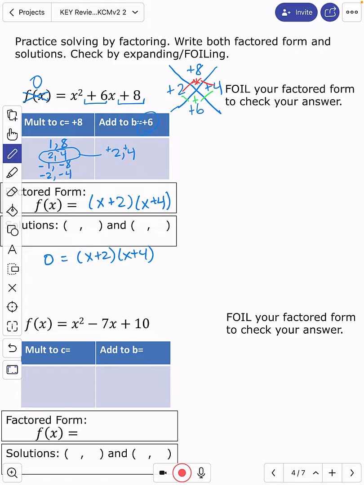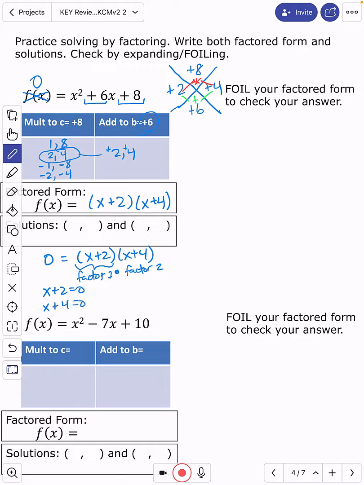If we want something to multiply to be 0, since this is two things, factor 1 times factor 2, if either one of these is equal to 0, then the equation is going to be 0. So we can look at the places where x plus 2 equals 0 and the x coordinate where x plus 4 equals 0.